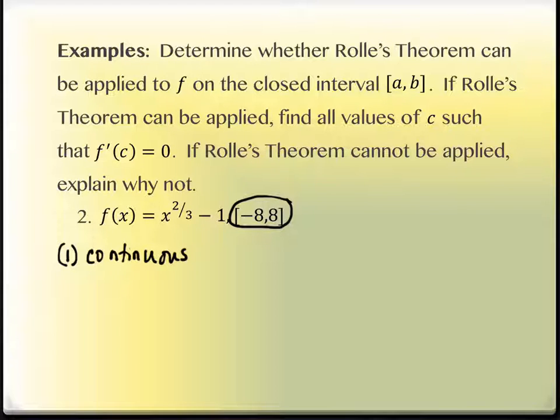So it would probably be helpful for you to take a look at a graph. Make sure that you don't see anything weird going on as a starting point, because this is not a graph you're probably very familiar with. So take a look at the graph. You're going to put into y1 x to the 2/3 minus 1. And you want your window to go from -8 to 8.